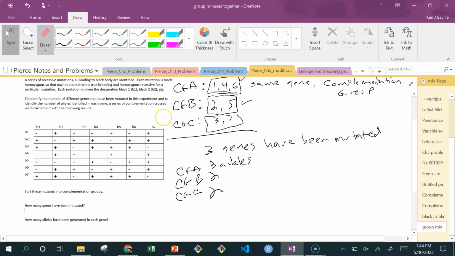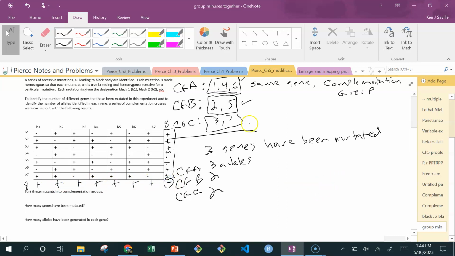Sometimes you might see something like this, where let's say we have an 8th one, and it complements everything. So if it complements something, it means it's different than that thing. So let's say number 8 complements everything except itself. So it complements everything, everything, everything, except itself.